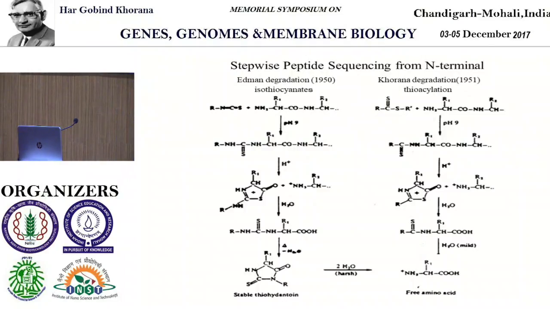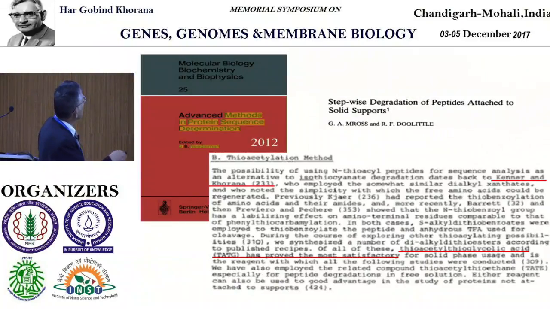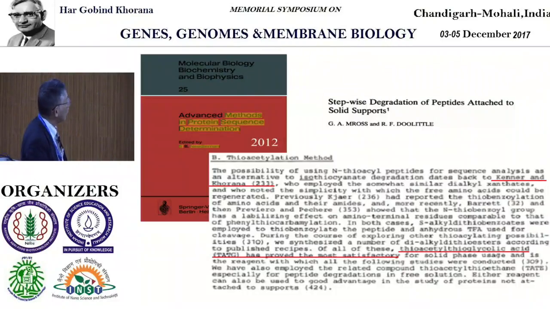Okay, thank you very much. So, some people took, like, there's a book concerning advanced methods in protein sequencing. Russell Doolittle of UC San Diego used this thioacylation method until this time. In this book, he mentions the Kenner and Khorana paper, this is 1952, and then he describes in this chapter how he modified the thioacylation method.